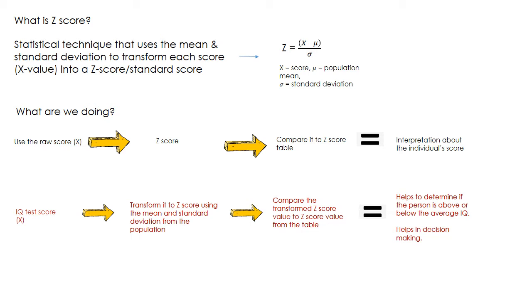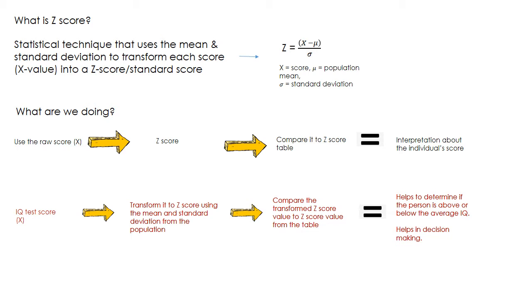So they already have an average IQ of their students, and you sit for the IQ test and you get 150. Will you get accepted or rejected? Are you above the average of the Harvard students' IQ or below? That helps the university make a decision in accepting or rejecting your application.